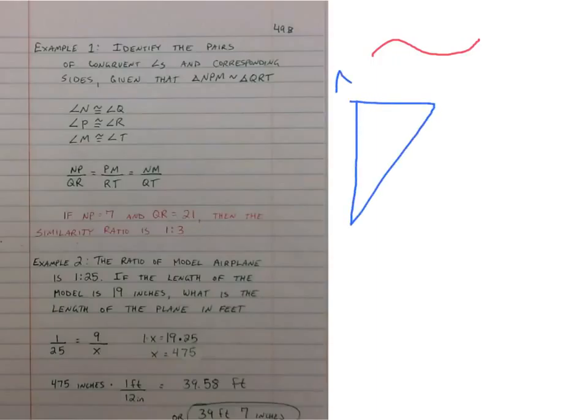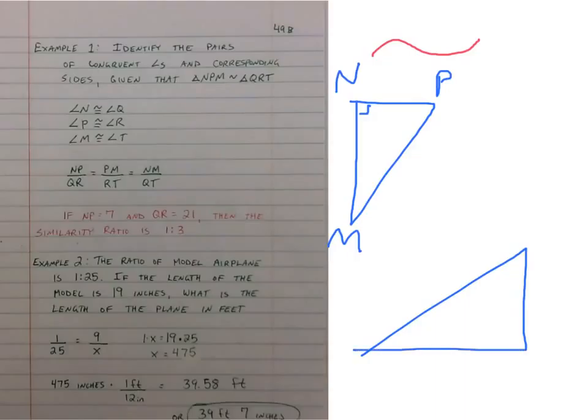NPM, we'll make it a right triangle, is similar to triangle QRT. So the angles that are corresponding will be congruent.